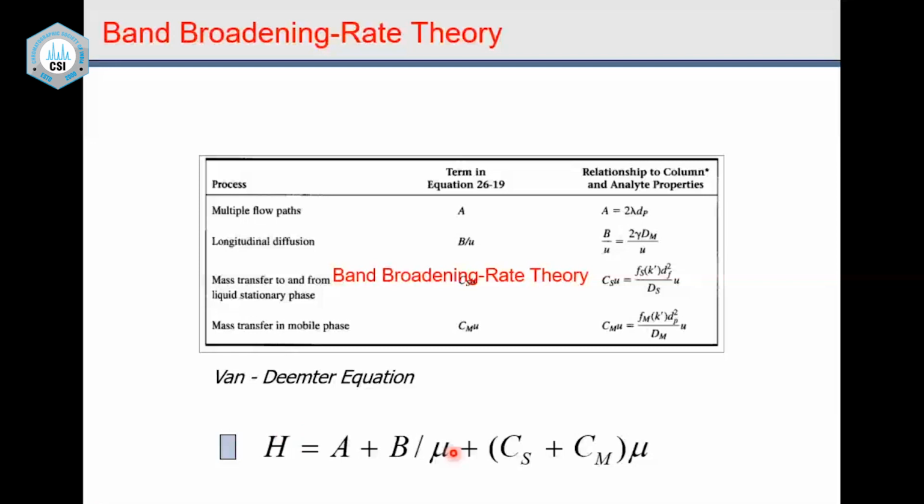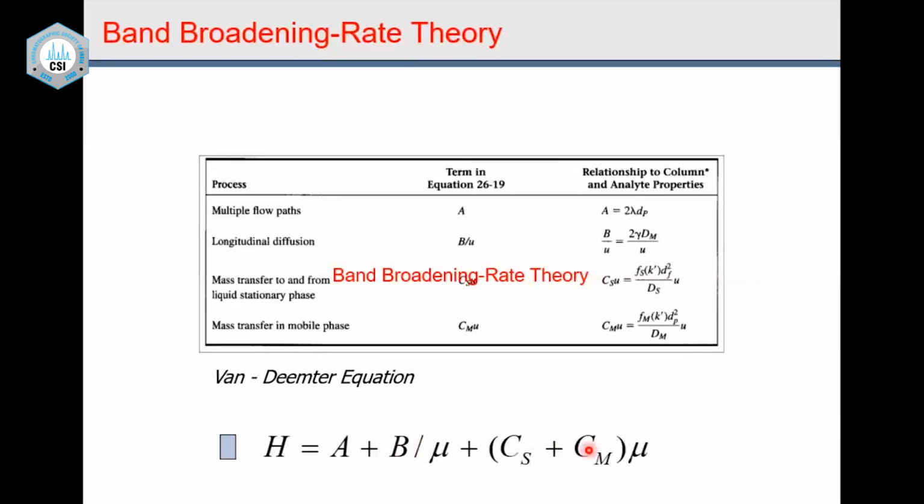So we have to understand some of these terms if we want to find out how we can get a lower H value. As far as GC is concerned, the molecular diffusion will always be higher, because gas can diffuse very fast compared to a liquid. So in liquid chromatography, the B value is very small, while in gas chromatography, the B value is higher because gas can diffuse much faster.